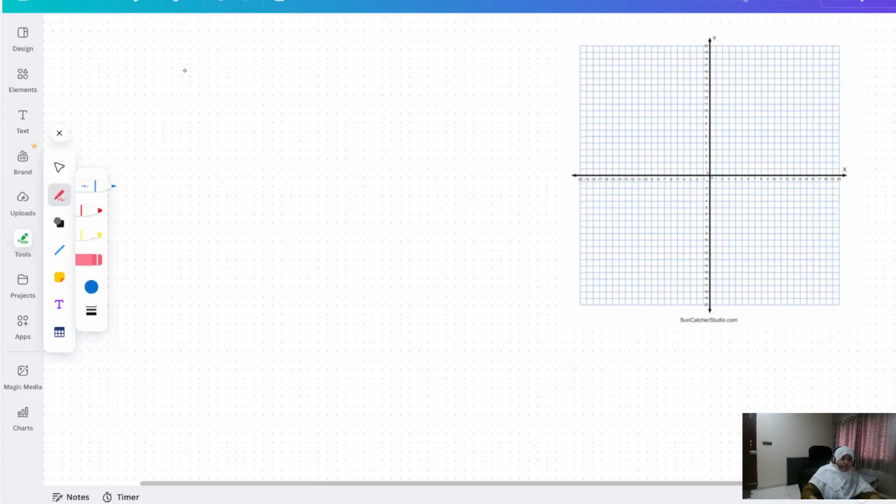The first inequality that we have obtained is x plus y is less than or equal to 10, and the second inequality is 2x plus y is greater than or equal to 12. We know how to deal with this. We'll write this as x plus y equals 10.